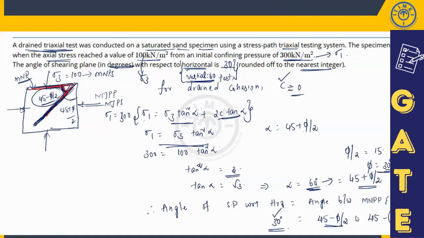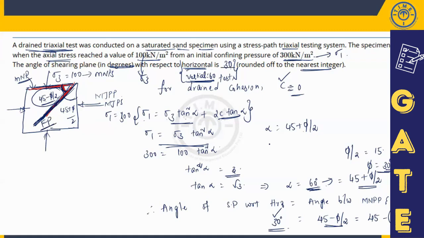MJPS, major principal stress, MJPP, major principal plane, MNPS, minor principal stress. MJPS means sigma 1, MNPS sigma 3, minor principal stress, MNPP minor principal plane, MJPP major principal plane, FP, this is FP. What is this inclined plane?